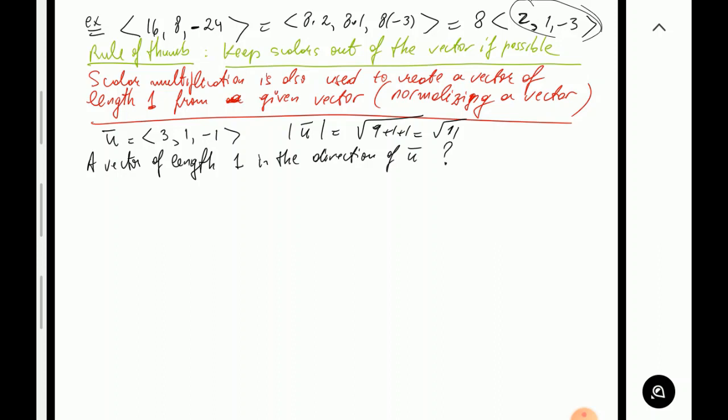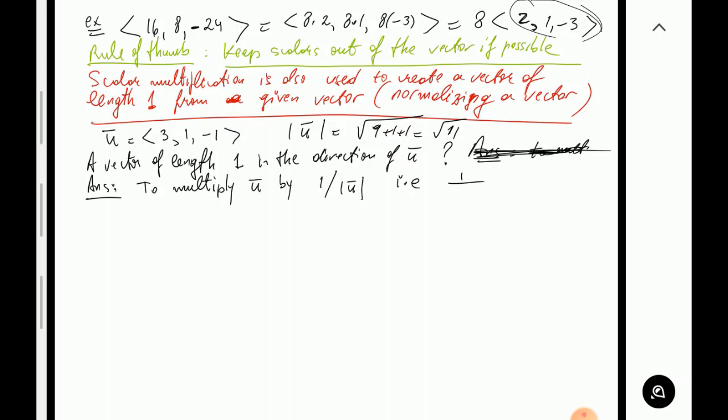Well, the answer to that question is to multiply u by the reciprocal, by 1 over its magnitude, by the reciprocal of the magnitude. In this case, 1 over square root of 11.